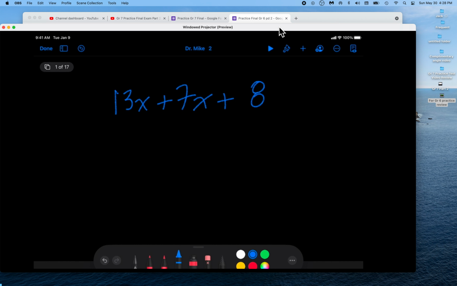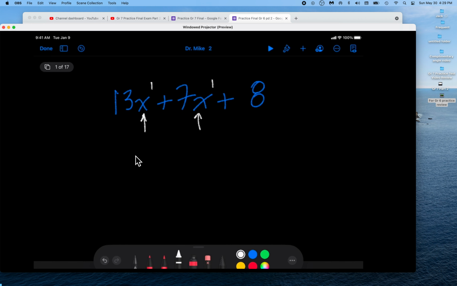They are like terms because look, the variable is the same and the exponent's the same. As you know, folks, there's a hidden 1 above that x. Therefore, they are like terms. It doesn't matter that the coefficients are different. That's okay. It's the variable and the exponent.